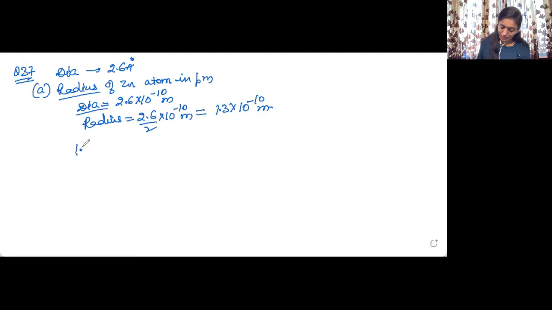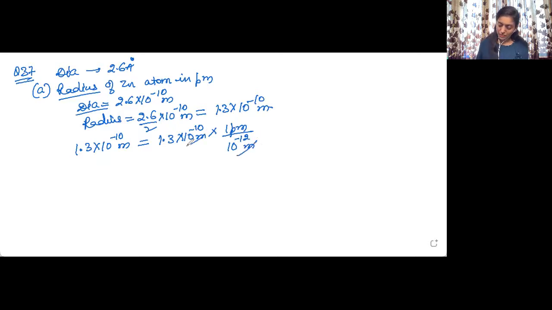So I just can write 1.3 into 10 raised to the power minus 10 meter multiplied by, now I need to cancel meter with meter and convert this into picometer. So I write here 1 picometer upon, if I multiply and divide this value with the same value, it will not make any difference to the value. On the denominator, I will be writing it in terms of meter. So 1 picometer is equal to 10 raised to the power minus 12 meter.